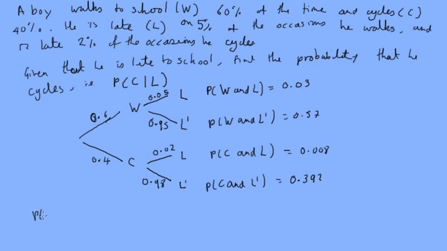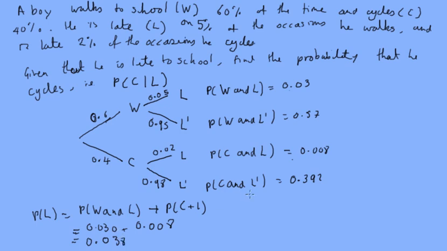So the probability of being late is going to be the probability of walking and late, add the probability of cycling and late. So this, add this. And that gives us 0.038.